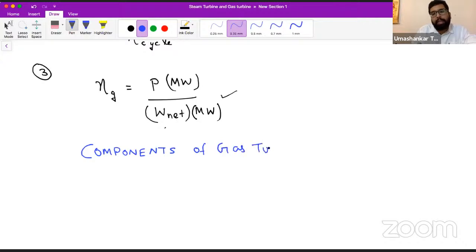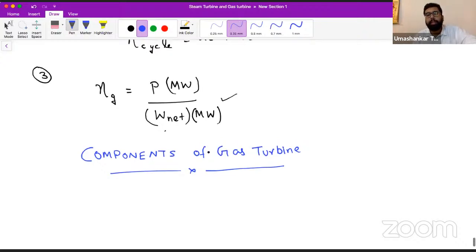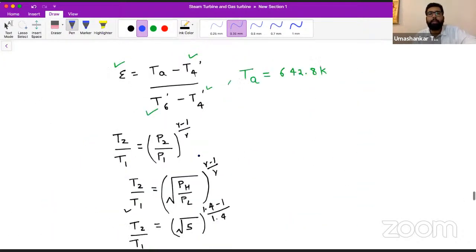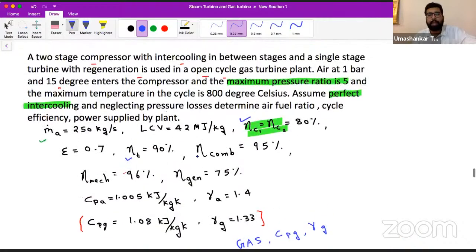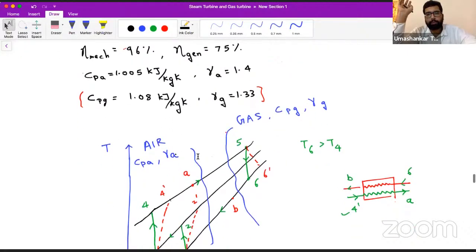If the actual cycle is clear to all of you, the students who are live can respond to me. In this particular question, I have applied everything I have taught to you in the gas turbine cycle. Ideal is applied, actual is applied, isentropic efficiency is there, everything is there. Yes or no?